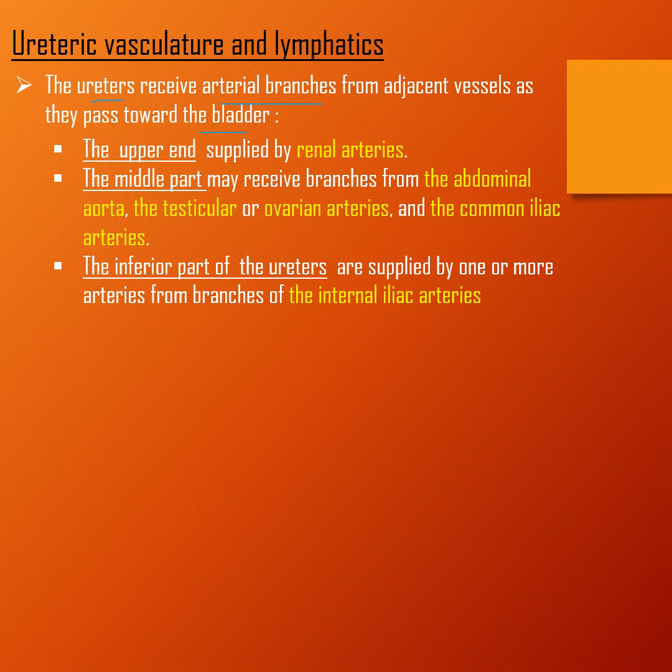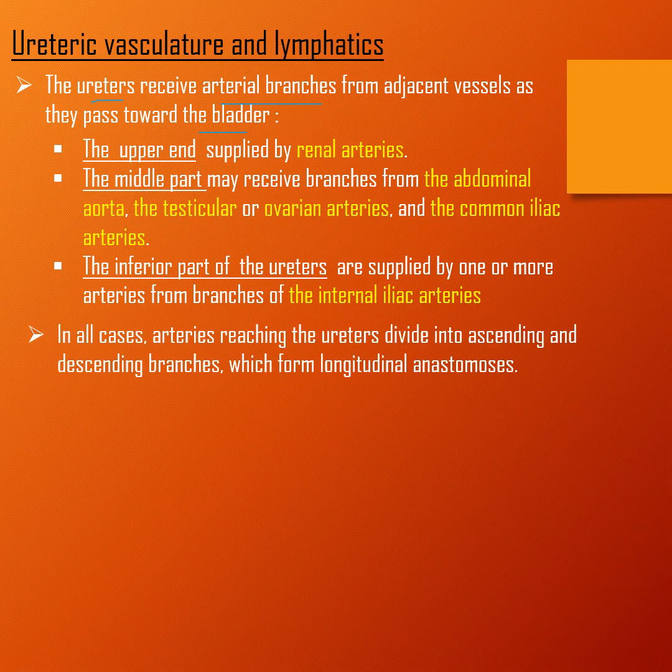The inferior part of the ureters is supplied by one or two arteries from the branches of the internal iliac arteries. In all cases, arteries reaching the ureters divide into ascending and descending branches, which form a longitudinal anastomosis.